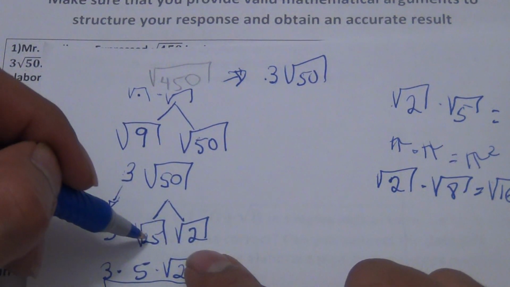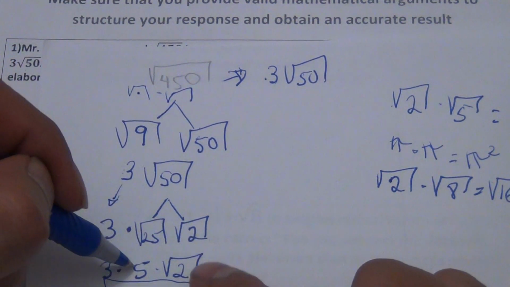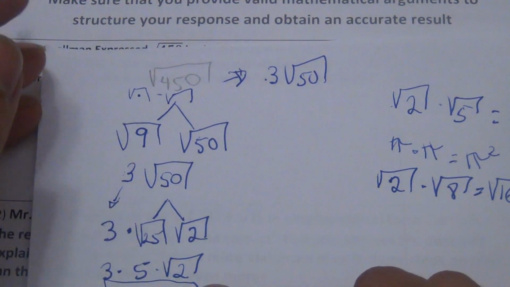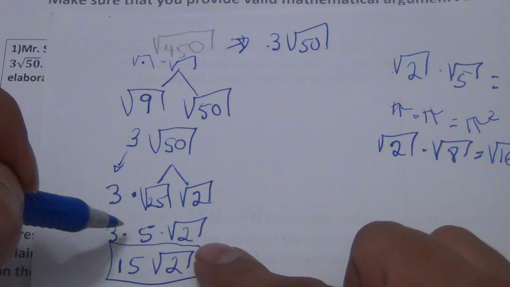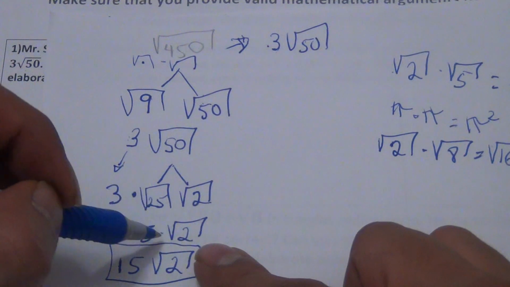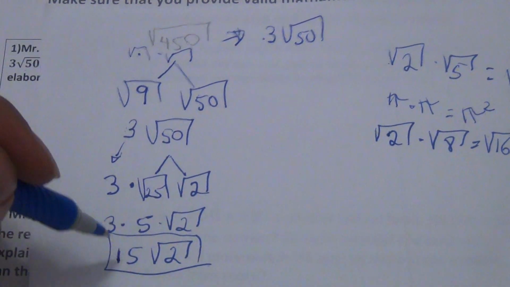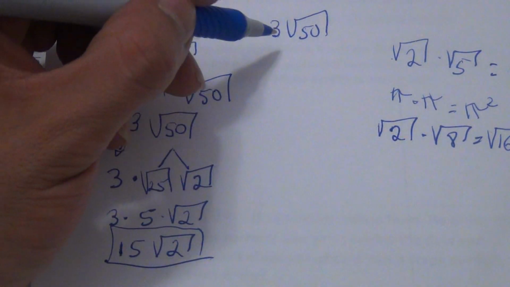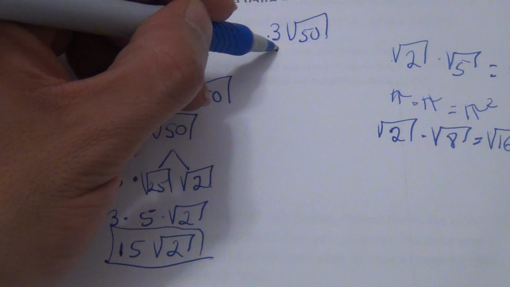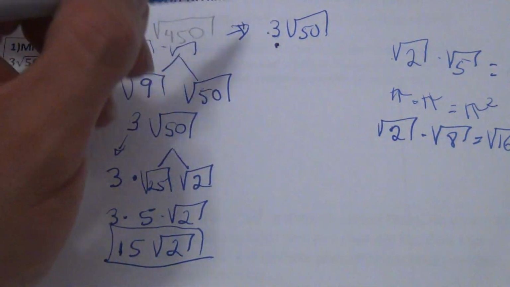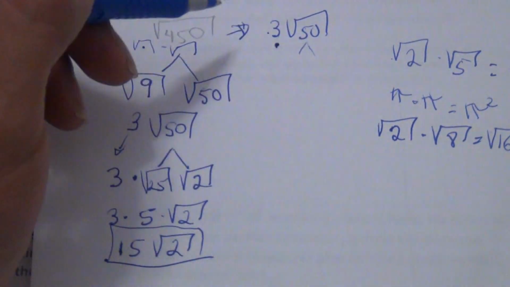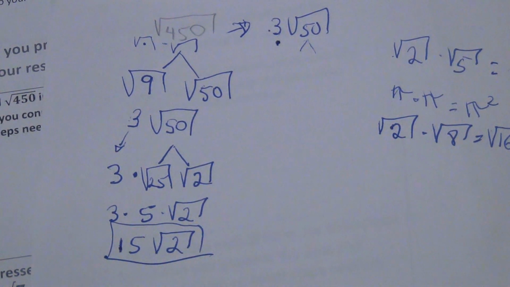Then what is radical 25? Well, the square root of 25 is 5. So then you write the whole thing, you bring them down. 3 times 5 times radical 2, and you obtain 15 radical 2. So this proves that he is not completely incorrect, nor is he completely correct. He needed to simplify radical 50. He forgot about it.